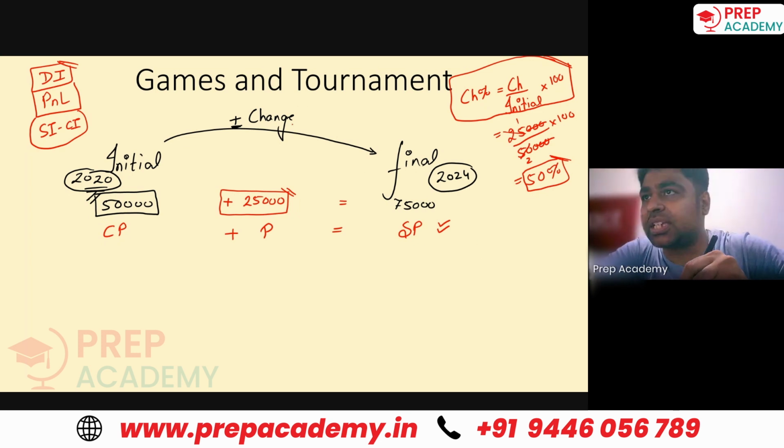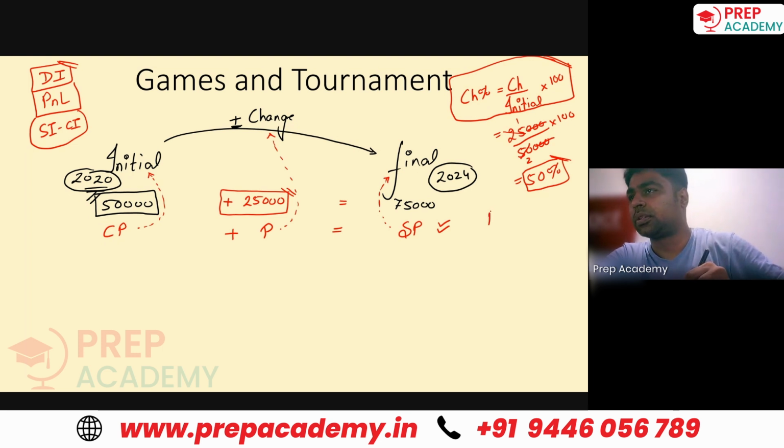Now this change or this profit is equal to what? The change. This initial or this cost price is equal to the initial, and this final is corresponding to the selling price. So what is the formula of change percentage? Instead of change, if I write profit, it would be profit percentage.